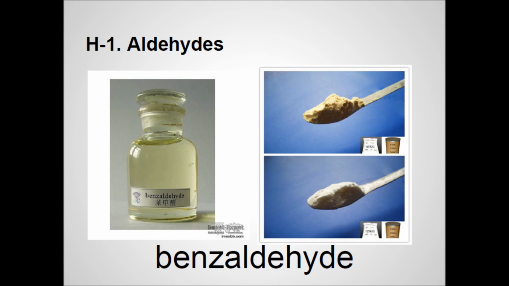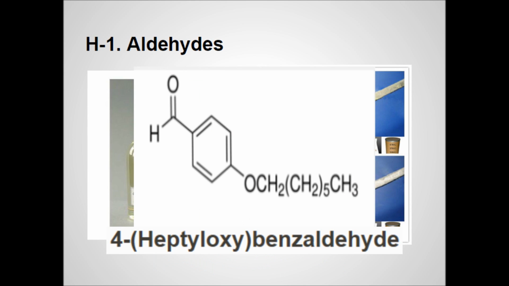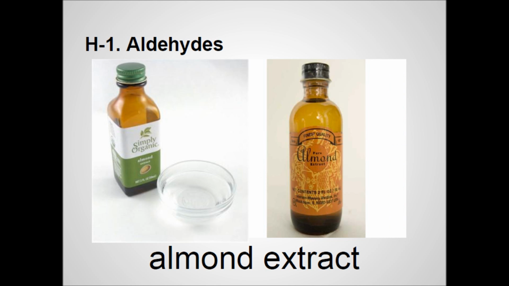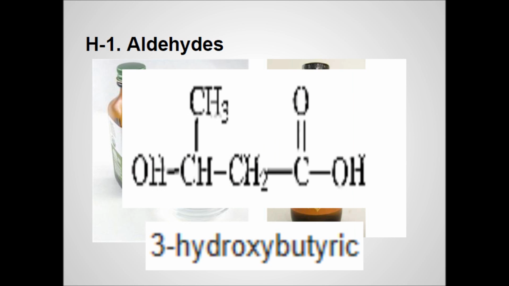Another example is benzaldehyde, that it is mainly composed of 4-benzaldehyde. Also, almond extract is another example of an aldehyde. It's made of 3-hydroxybutyl.